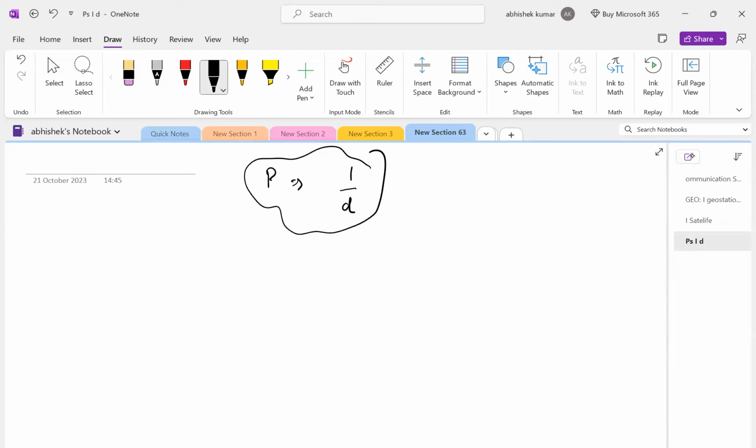Are you getting this from the figure? Are you able to observe it? 0 degree is the equator. So this example is showing this.